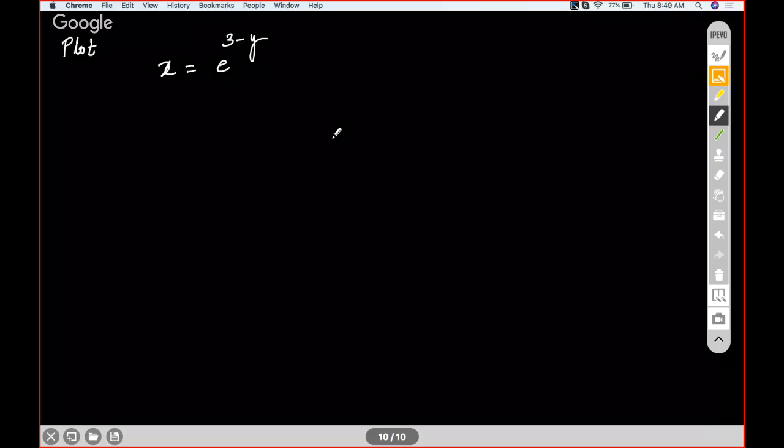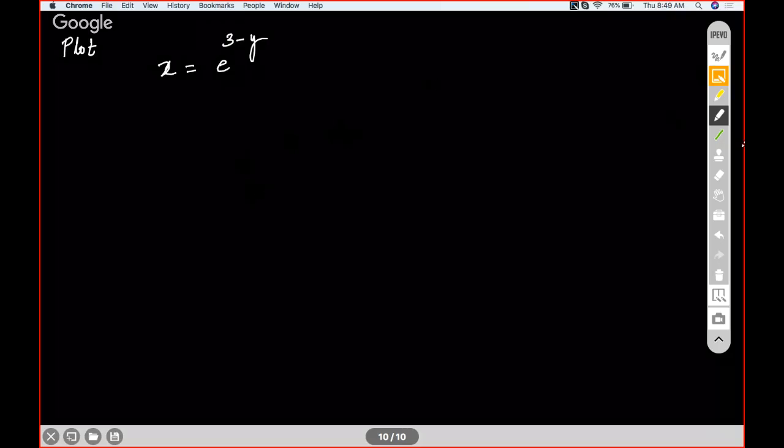Then I have to reflect this across the y-axis. If it is reflected across the y-axis, then it would be 3, 1. Okay. Now I'm done with that.